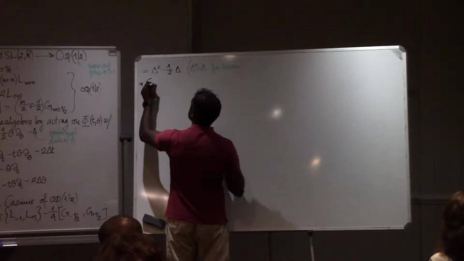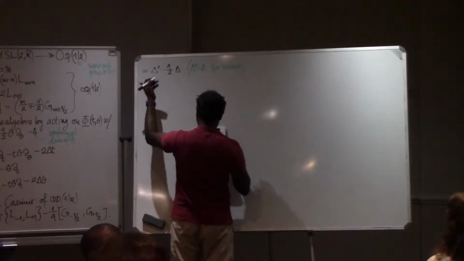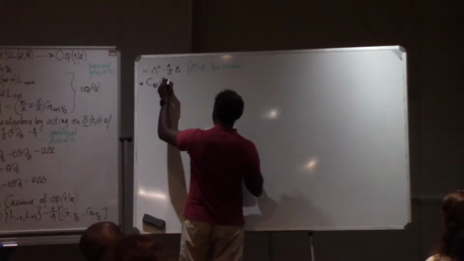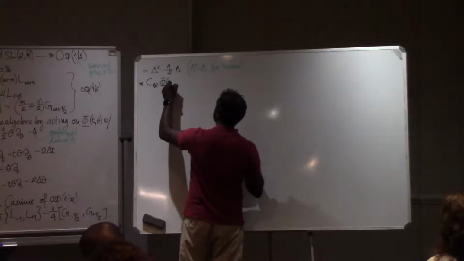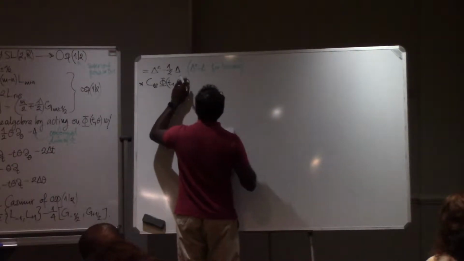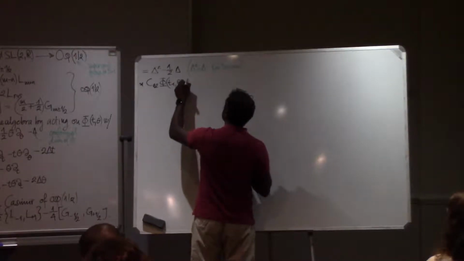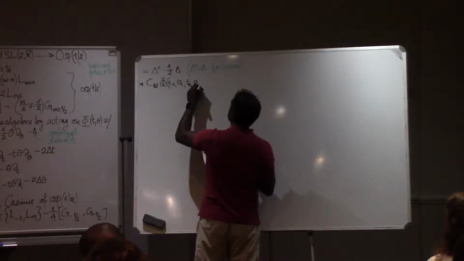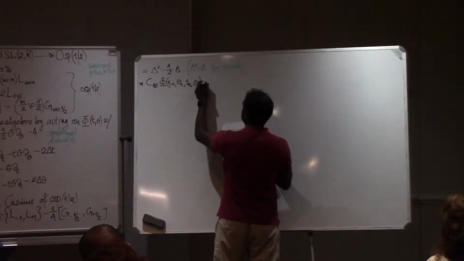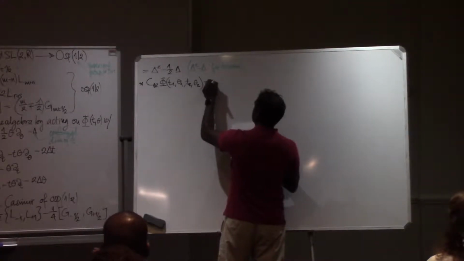So C12, which is the two-particle Casimir, acts on some function phi of T1 theta 1, T2 theta 2. I'll write down this horrible expression just once and I won't come back to it.